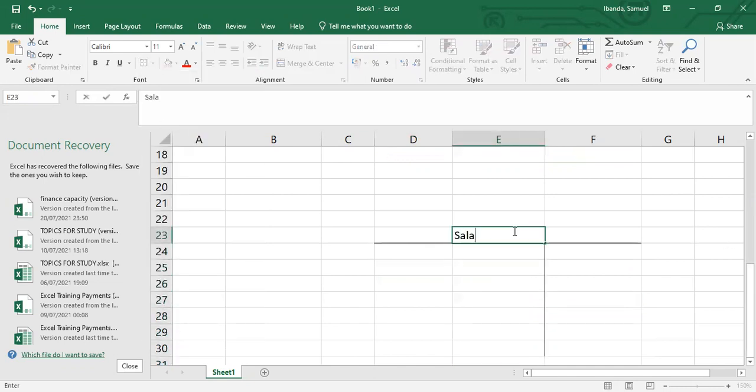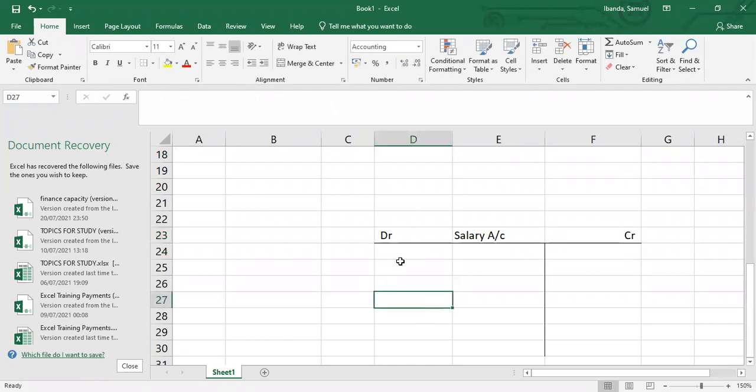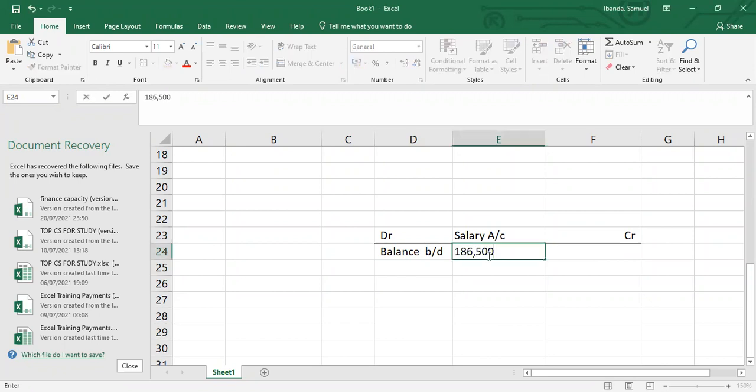So this is my salary account. I'll draw up my salary account like that. Of course, I have a debit, and then I have my credit. So what is happening? I have my balance brought down that is coming from the trial balance, which we have seen to be 1,865,000.